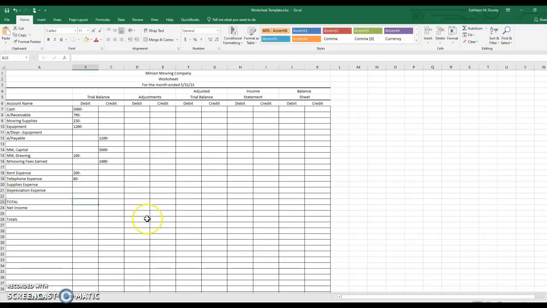Okay, so now we're going to total up this debit column and make sure that it totals up to our credit column. So I got 7580 on the debit side. Now I'm going to add up my credit side.